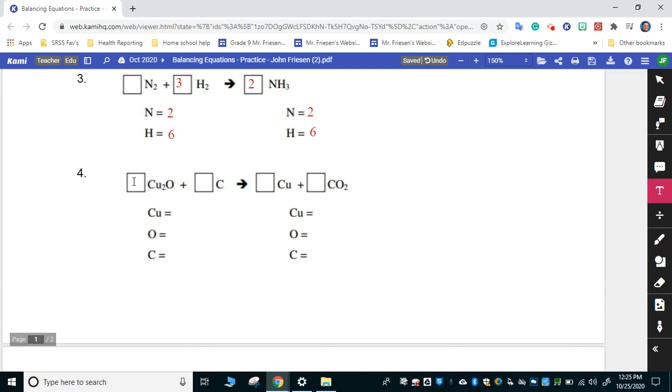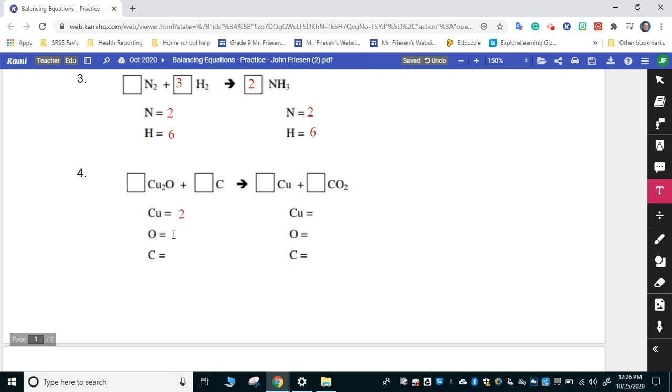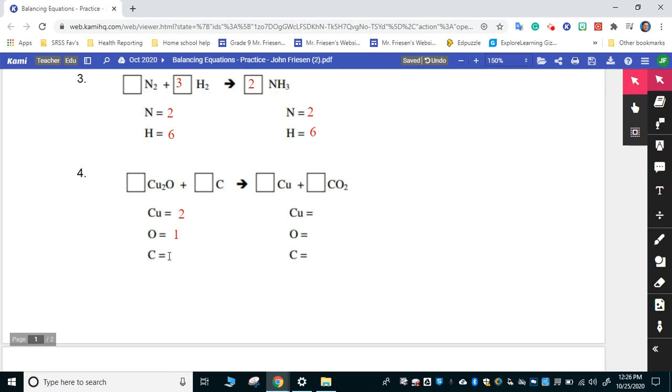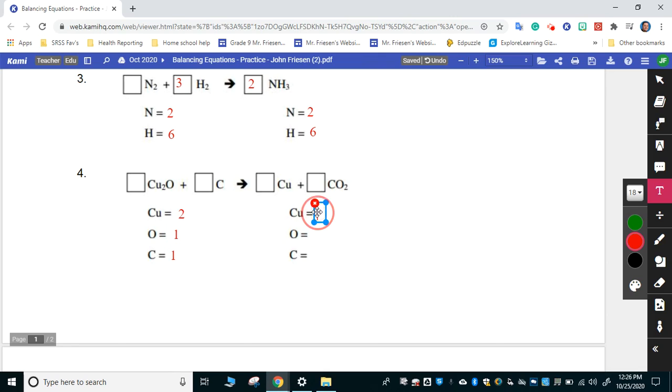Okay, let's go through this one. Cu2. Okay, so we've got 2. We've got a 1. And we've got a 1. Okay, then here, on this side here, we have a 1.